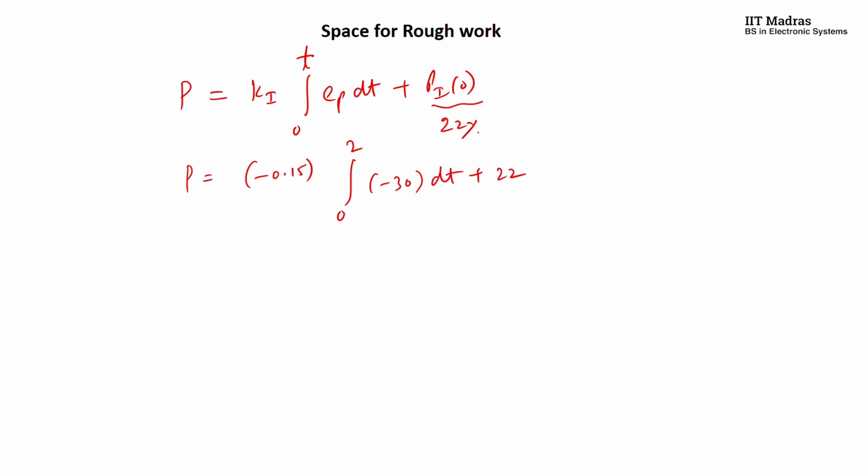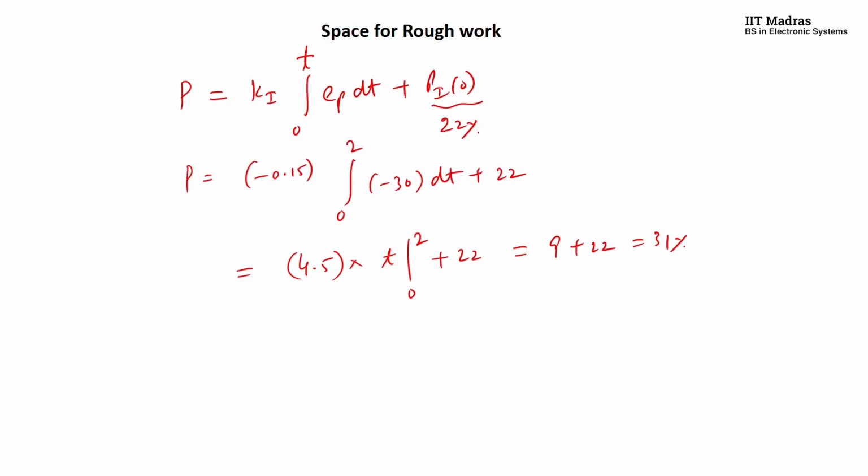Right? So this comes out to be 4.5 into T from 0 to 2 plus 22. Okay. So this comes out to be 9 plus 22, which is 31%.